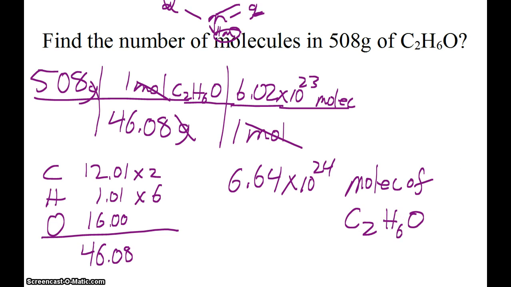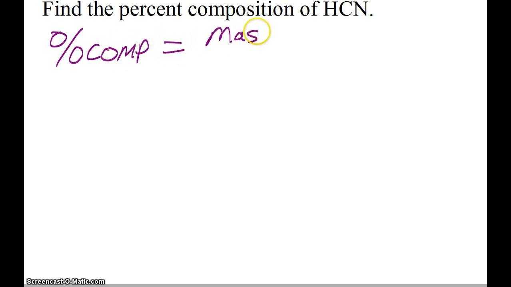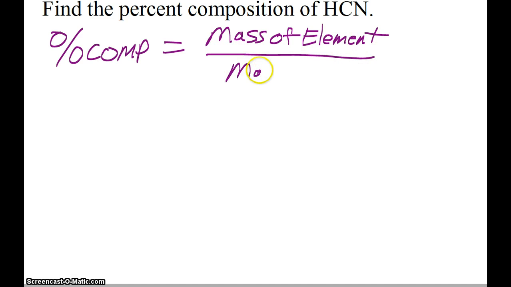There's one other problem to start the chapter 10 that we're going to go over, and that's percent composition. Now when we do percent composition, that is by mass. So to find the percent comp, we take the mass of the element divided by the mass of the compound.